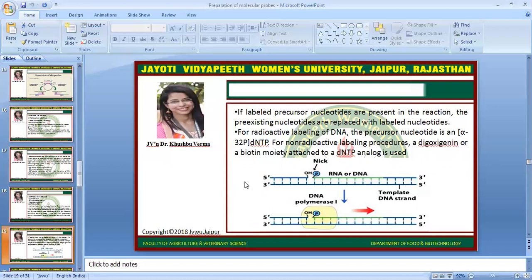Here we can simply say a nick is created, it can be a DNA or RNA probe, and then DNA polymerase 1 will start, and this is the labeled phosphate group.